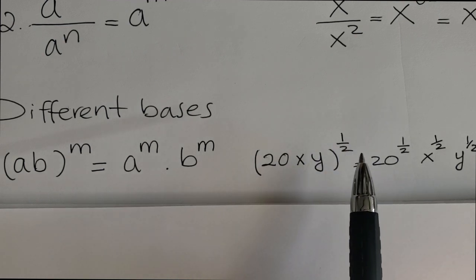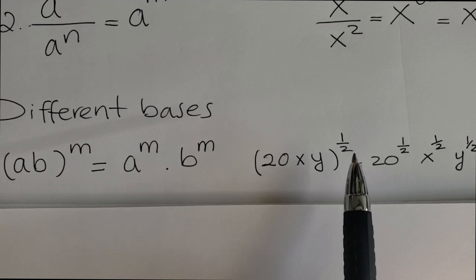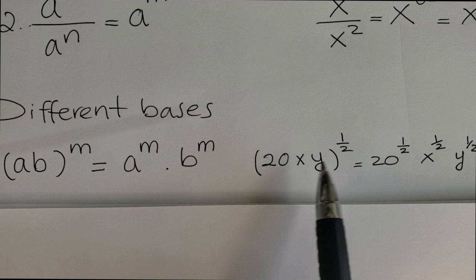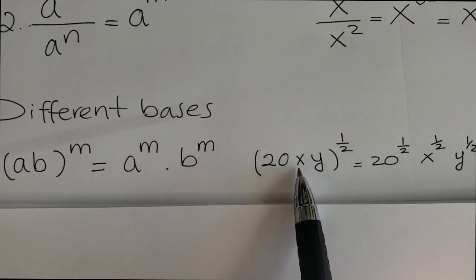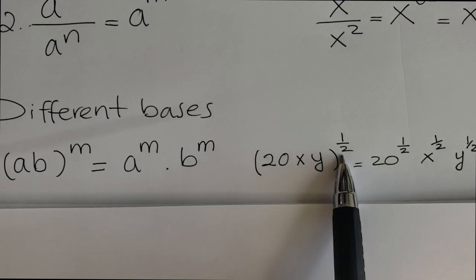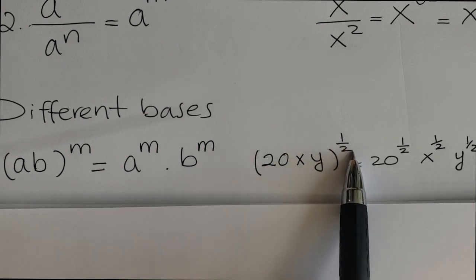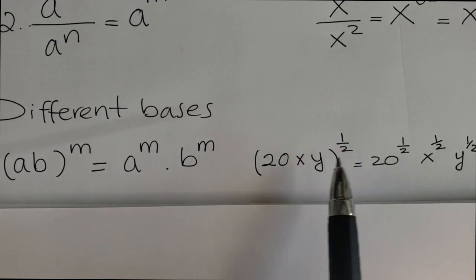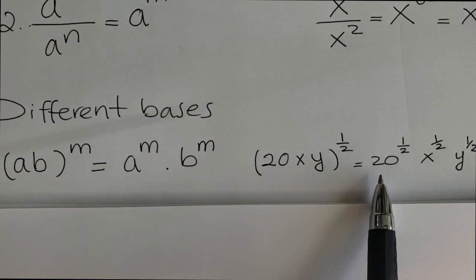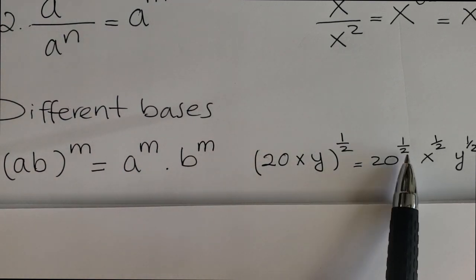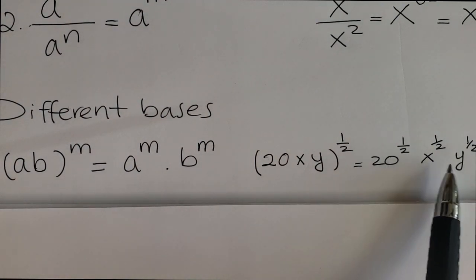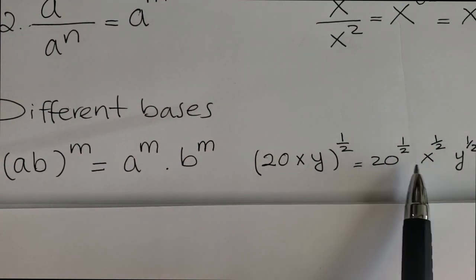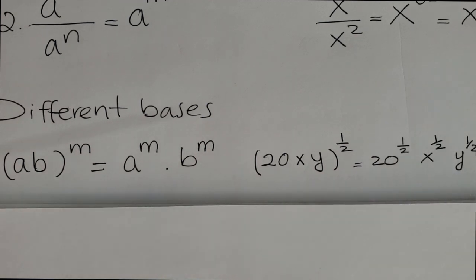And remember, the power or the exponent can be any real number. So here I have three different bases, a constant, x and y, but all of them are raised to the same exponent. So the exponent will be distributed to every single element in the bracket.